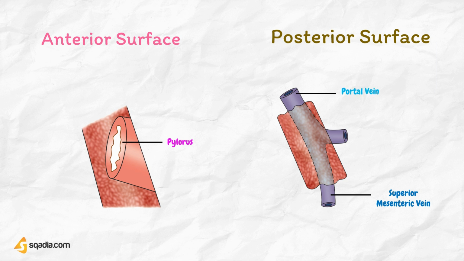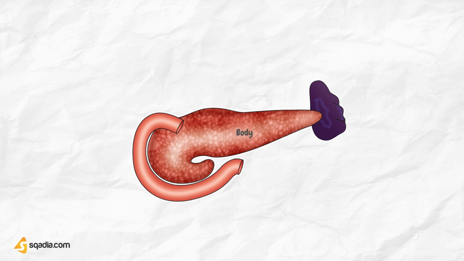Moving towards the body of the pancreas. The body of the pancreas is elongated. It extends from its neck to the tail. It passes towards the left with a slight upward and backward inclination. Now, moving towards external features of body of the pancreas.